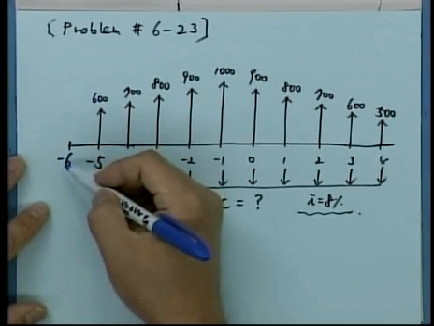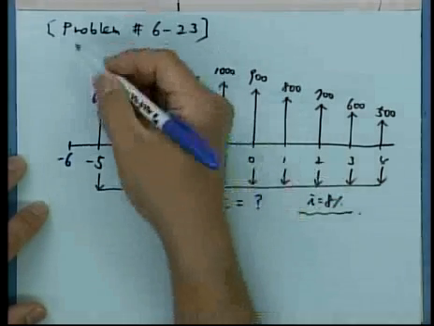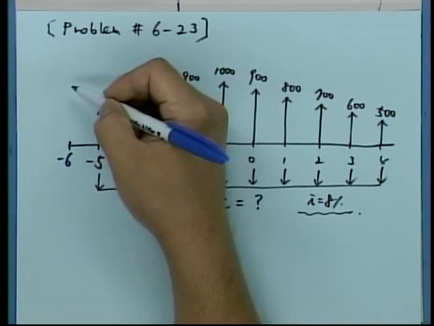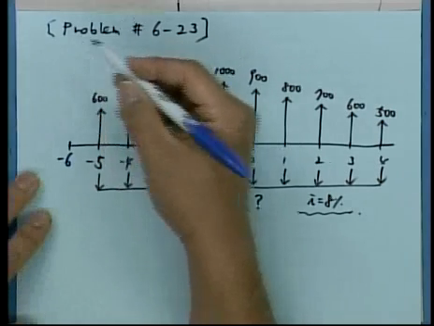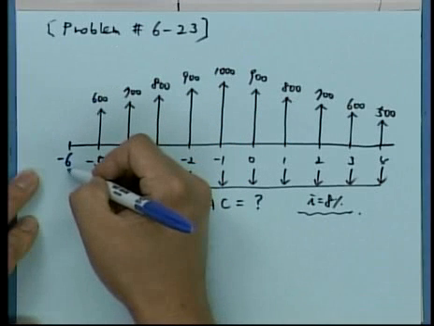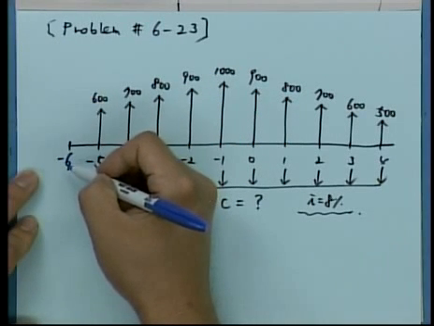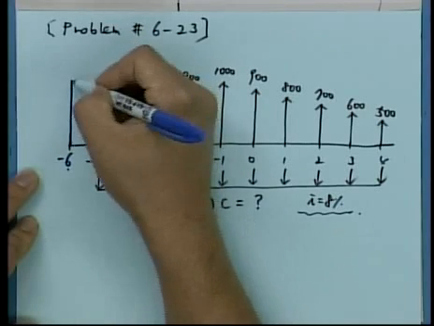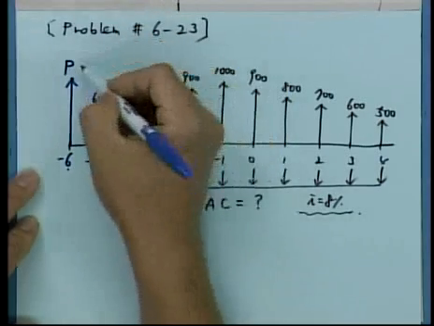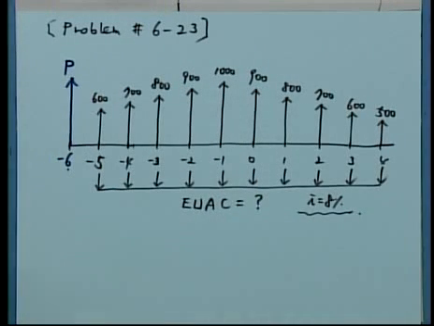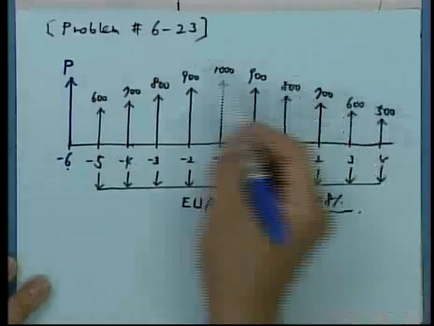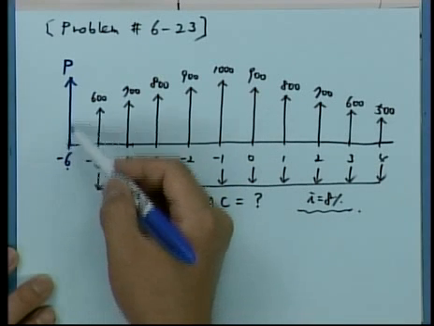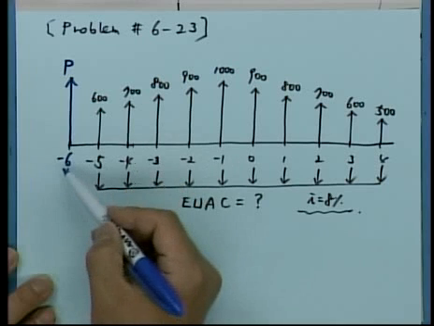So let's put P. Okay, so I'm going to convert all of these positive cash flows to the equivalent present worth of cost at time -6.